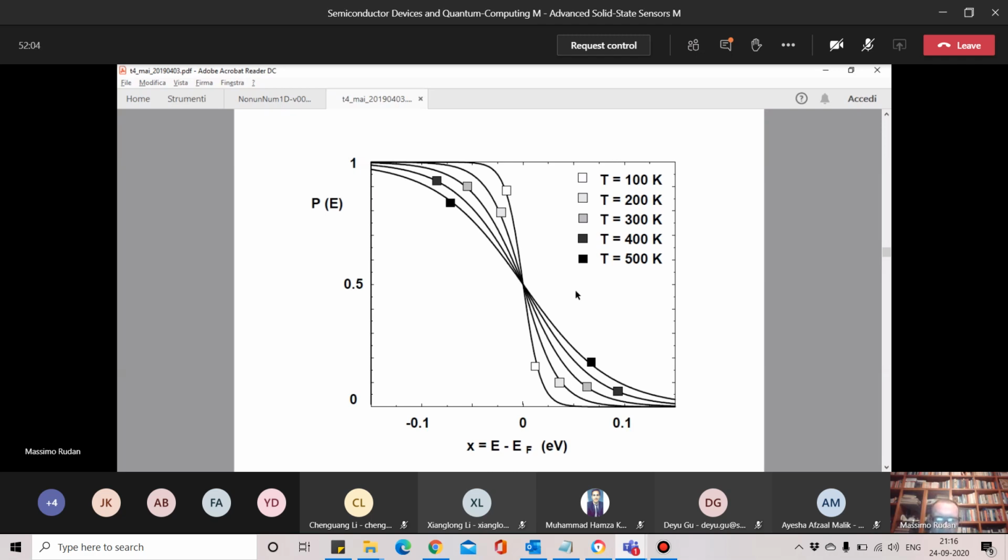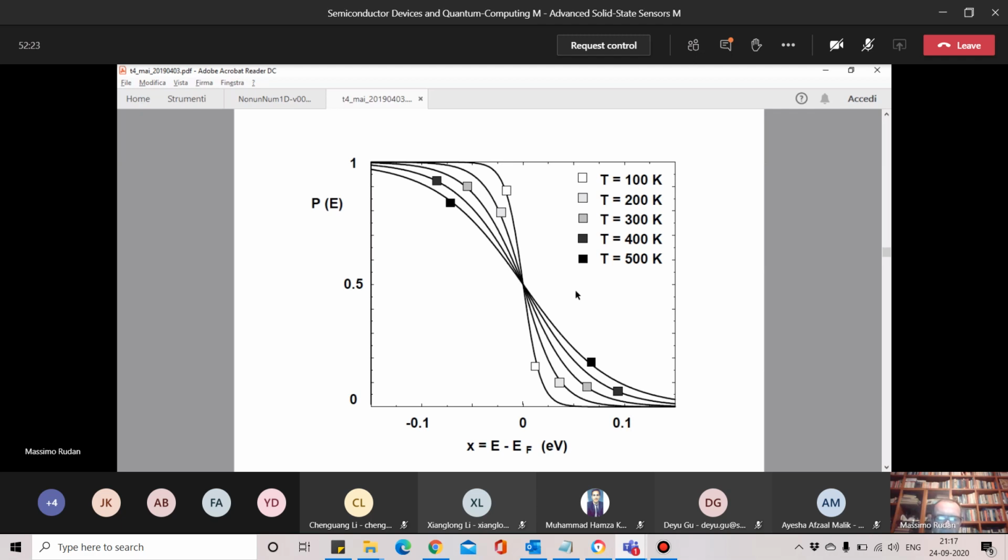On the other hand, the total number of electrons is given. So if you have more electrons on the right, you must have less electrons on the left. So the probability to find occupied states on the left will decrease.